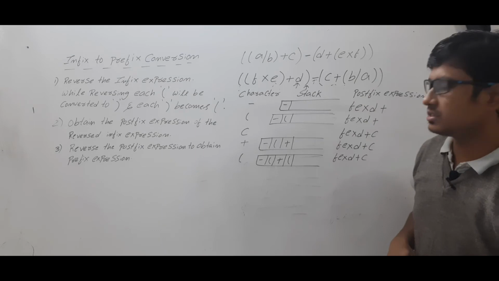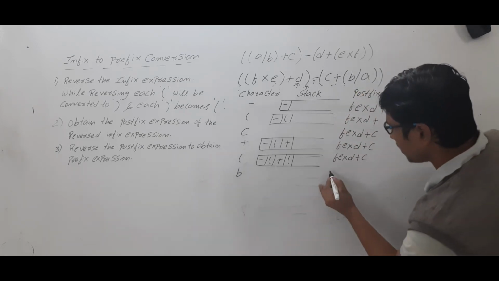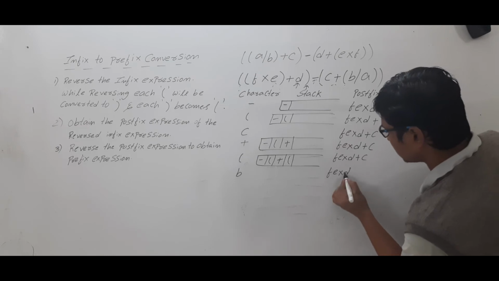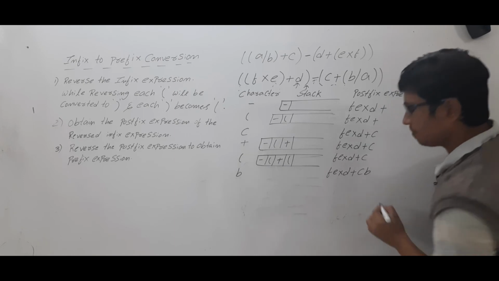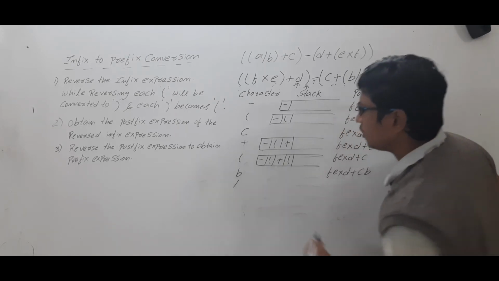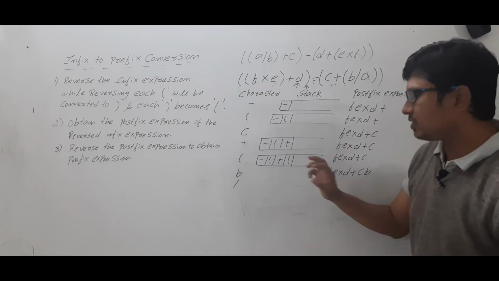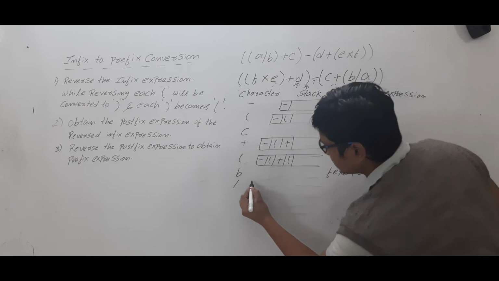Now this open parenthesis is done. The next one is the B. As B is an operand, I need to append it to the postfix expression. So I will get C, B. Okay, is it clear? Then I have the division. Now look at the top of the stack. The top of the stack is an open parenthesis, so this division I need to push into the stack.